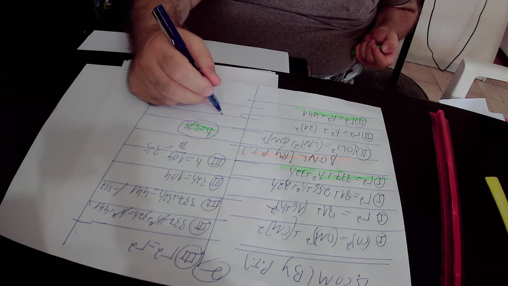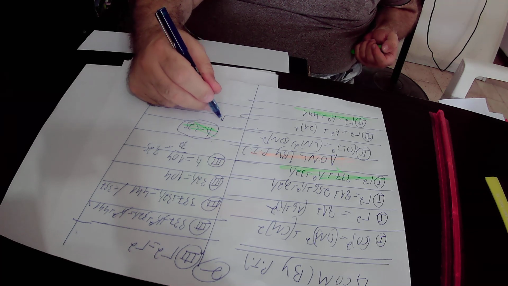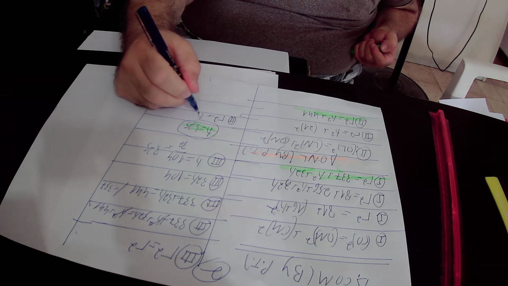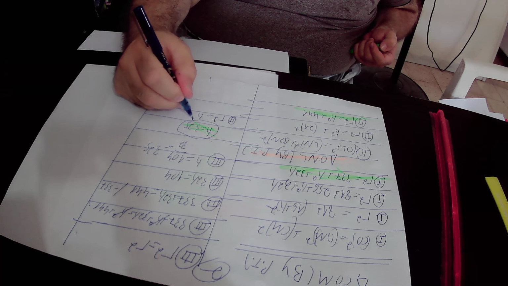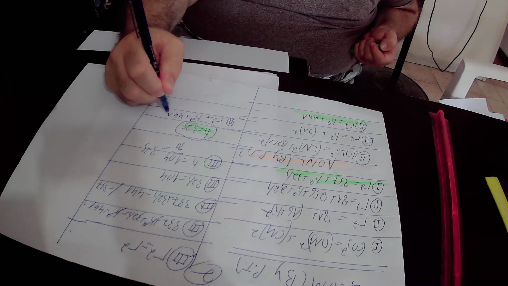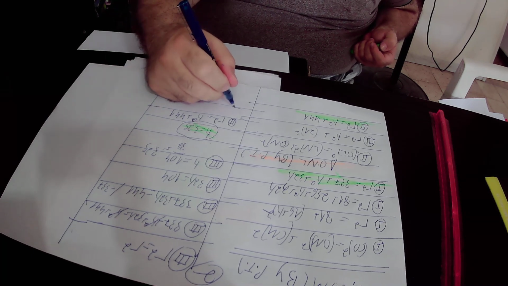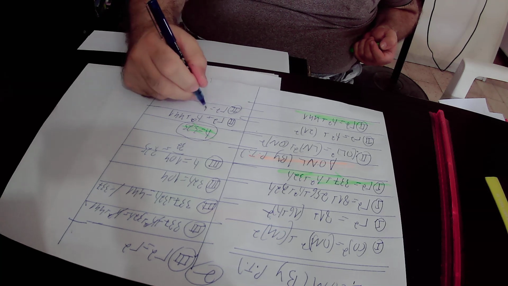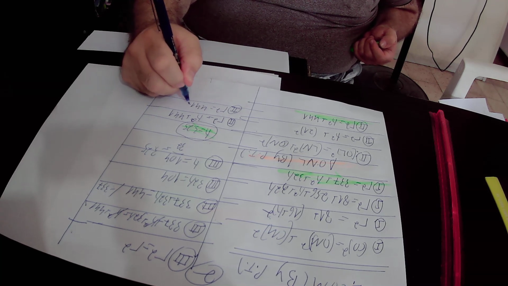So according to equation number 2, R squared is equal to H squared plus 441. So here, R squared equals 441 plus H squared.